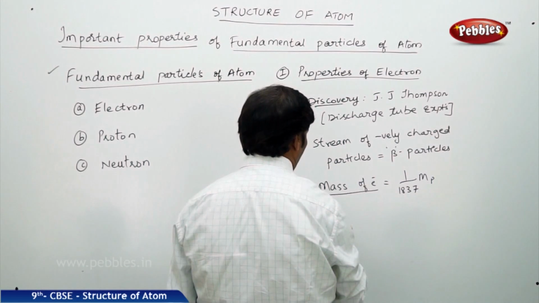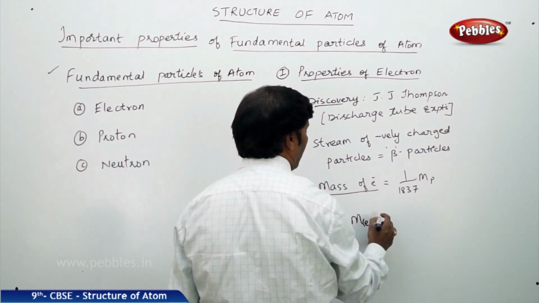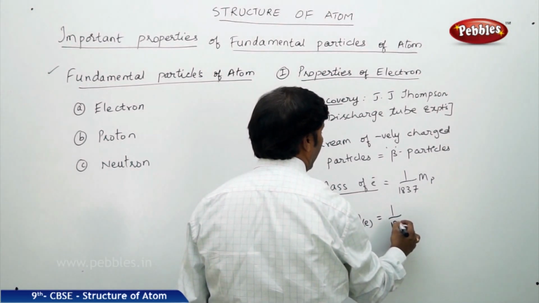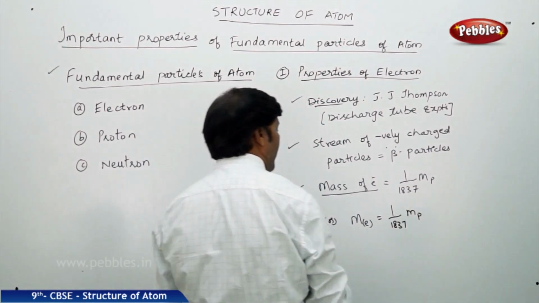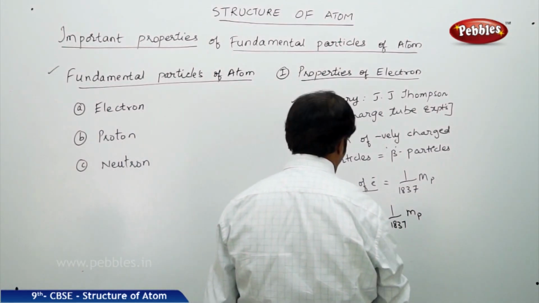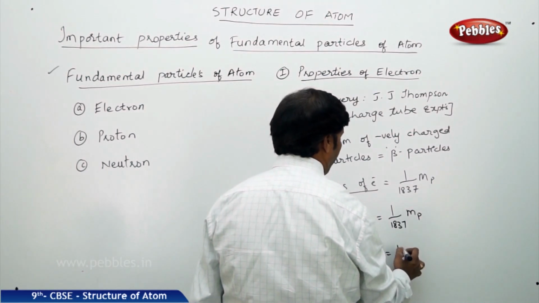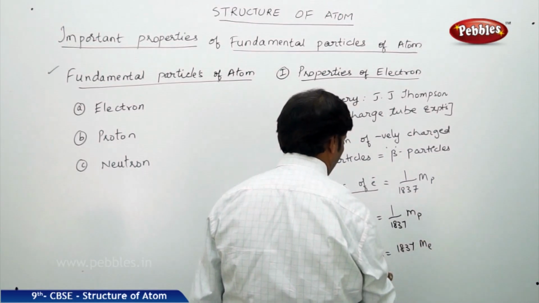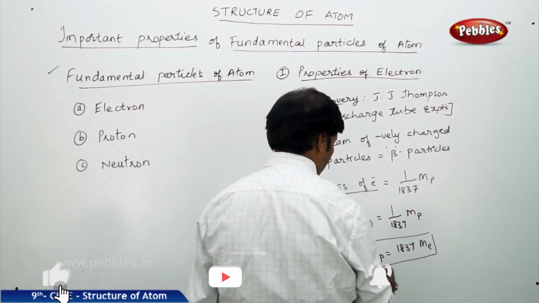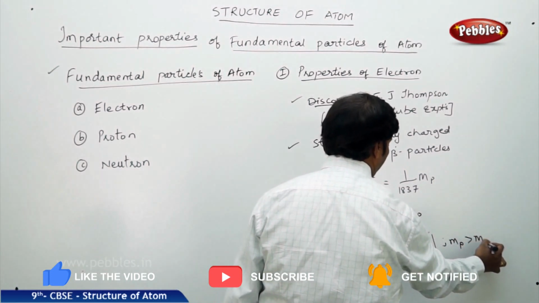Or in other words, mass of proton is equal to 1837 times that of the mass of electron. So from this it's very clear that the mass of proton is greater than mass of electron.